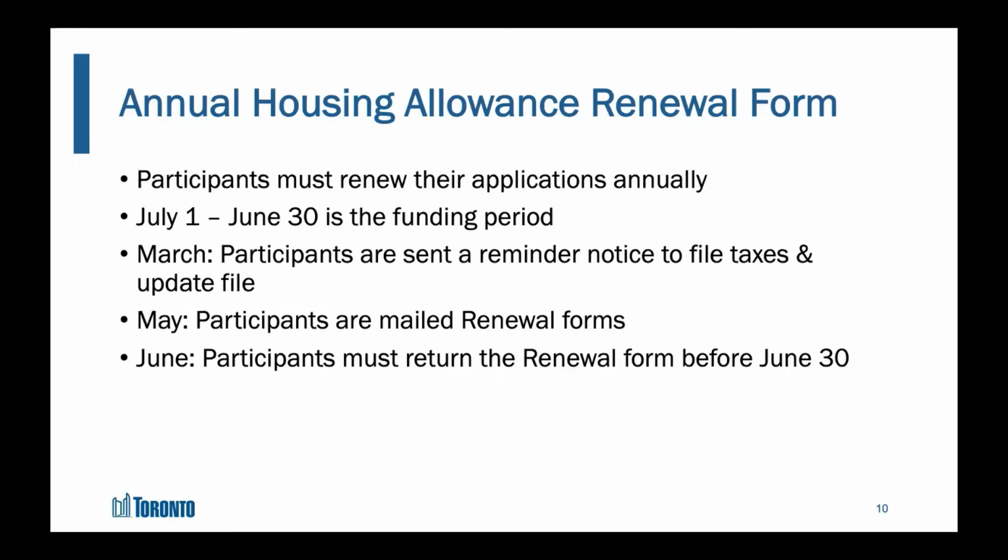At the renewal period, they should advise of any changes as well. So in March, they'll get a reminder notice: make sure you file your taxes, make sure you're updating your file. In May, participants are mailed the renewal forms from the province. And in June, they must return the renewal form before June 30th.